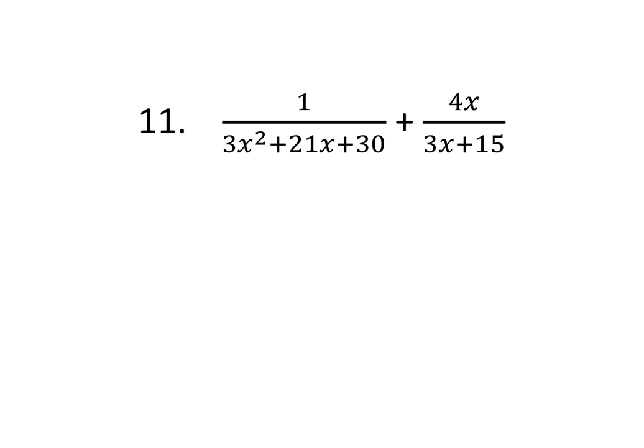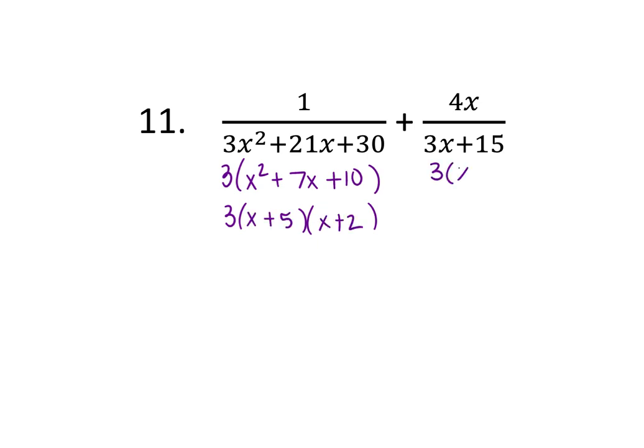Okay. Oh, guess and check on this one. Oh, no, we can take a 3 out first. x squared plus 7x plus 10. So 3 times x plus 5, x plus 2. 3x plus 5. Okay, so what do they have in common?